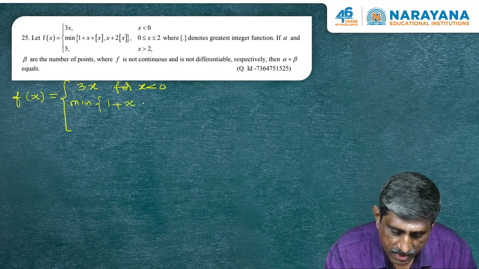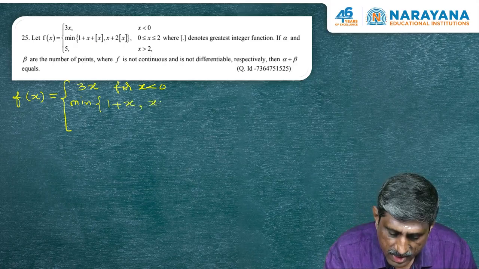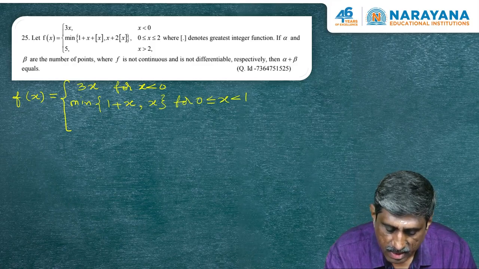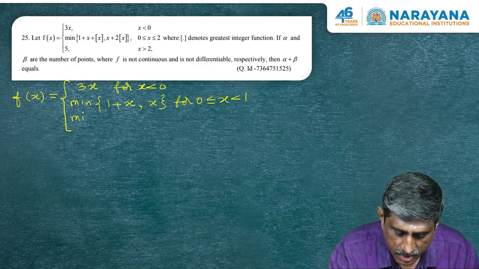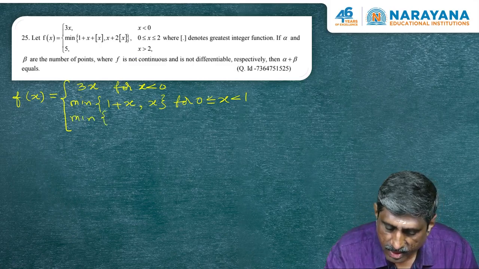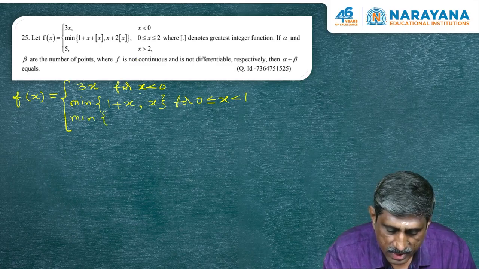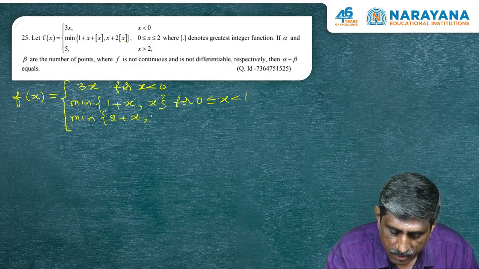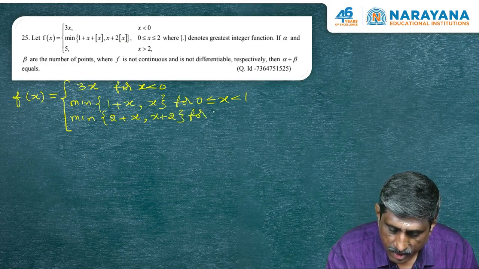So it becomes x plus step x is 0, comma, x plus 2 times step x which is x, for 0 less than or equal to x less than 1. In this interval, step x is 0. Next case, between 1 to 2, the value of step x is going to become 1. So 1 plus 1, 2, which is 2 plus x, comma, here it is also 1, therefore x plus 2, the same function for 1 less than or equal to x less than 2.